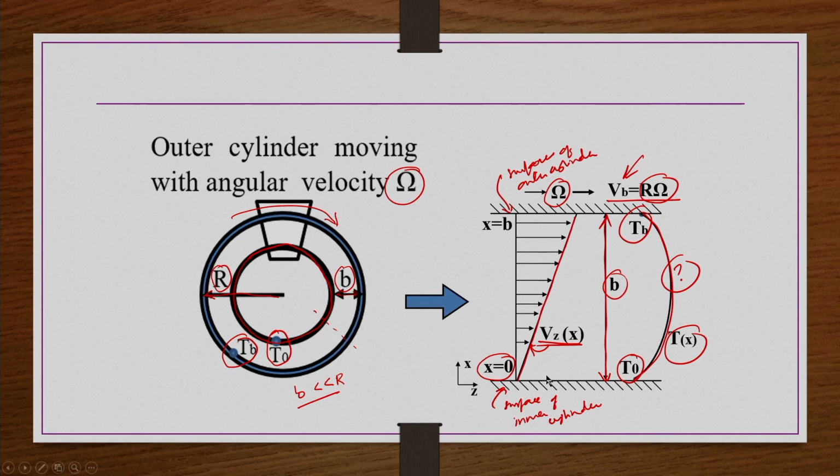We have two boundary conditions: at x equals 0, V z equals 0, and at x equals b, V z equals V b, or R omega. So we can find those constants. This is the schematic representation of the problem. The temperature profile shown here is just a representation, not the true nature of the curve, which we have to find out.